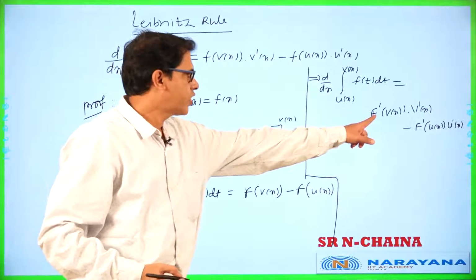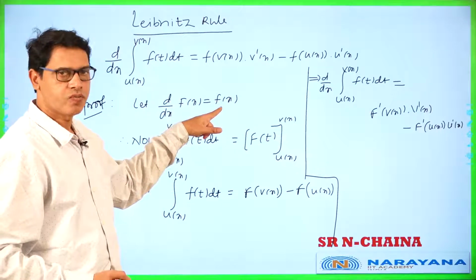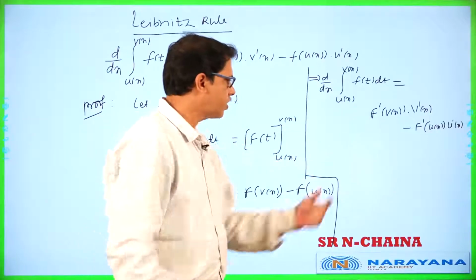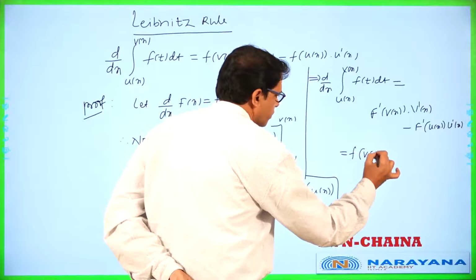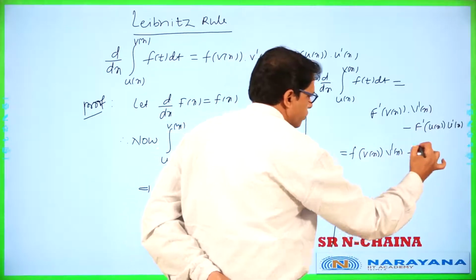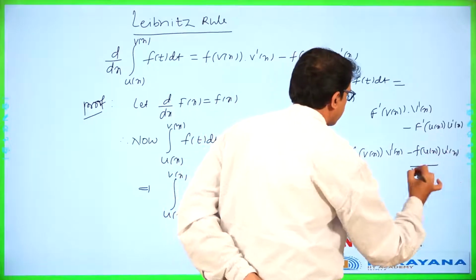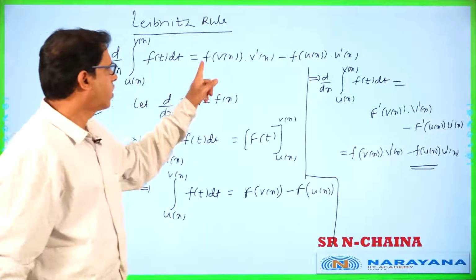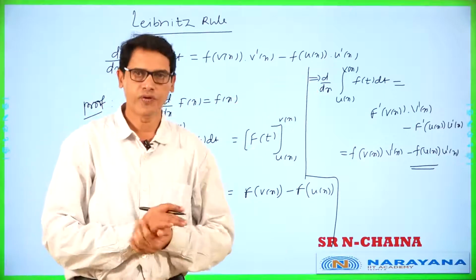Now F dash of x equals small f of x. So instead of this I can write small f of v of x into v dash of x minus small f of u of x into u dash of x. That's it, that is the required one.